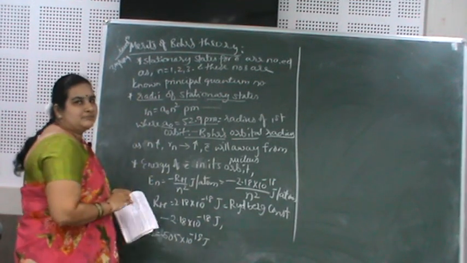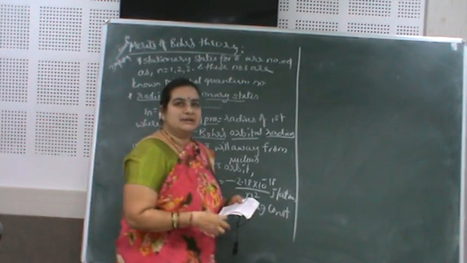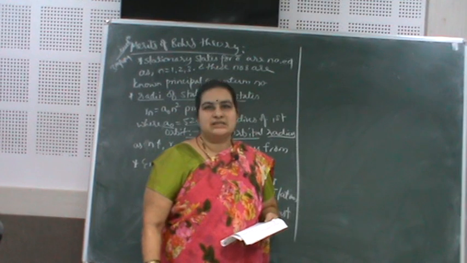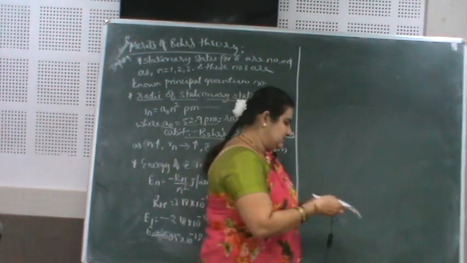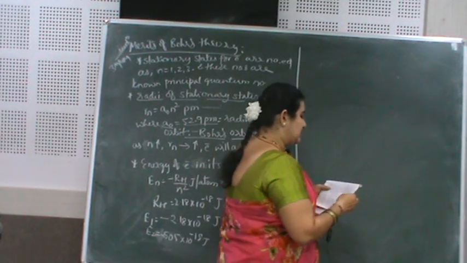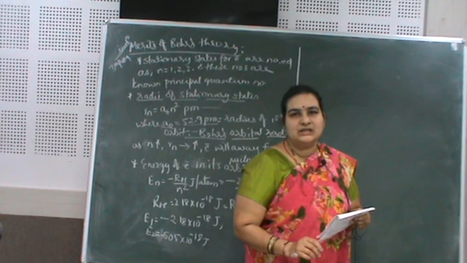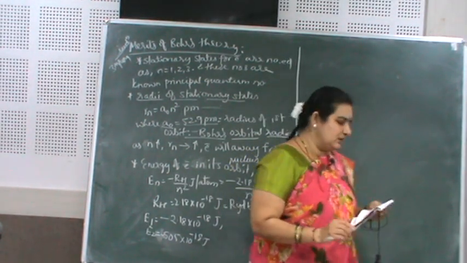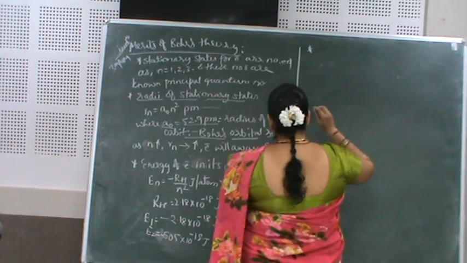See here the value is more negative, so we can say that the energy of the electron in an atom is lower than that of the free electron at rest. As the electron gets closer to the nucleus, n decreases, so En becomes larger in absolute value and more negative.